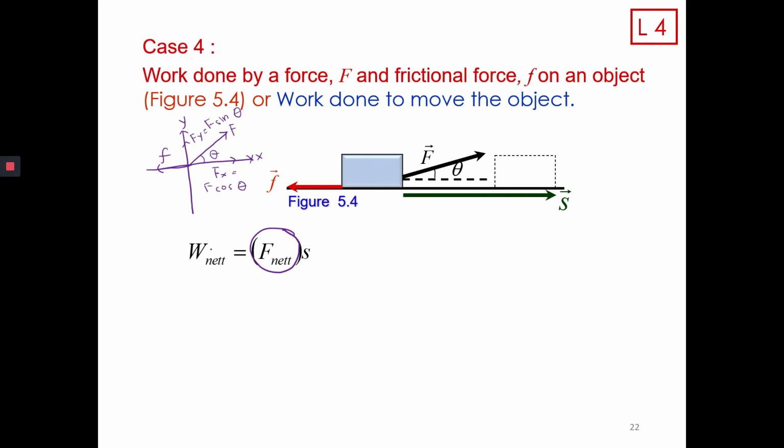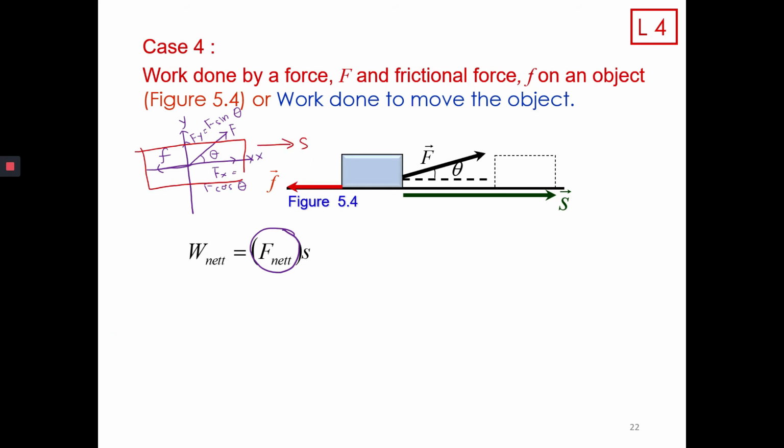How do you calculate your F net? Now remember, to calculate work, we have to see the force that is parallel to your displacement. When you have your S to the right, you have to look at the force that is parallel to your displacement. Your displacement is to the right.